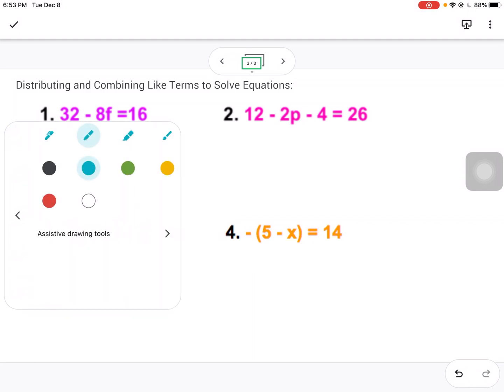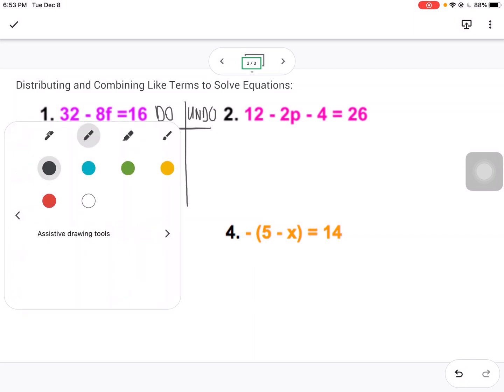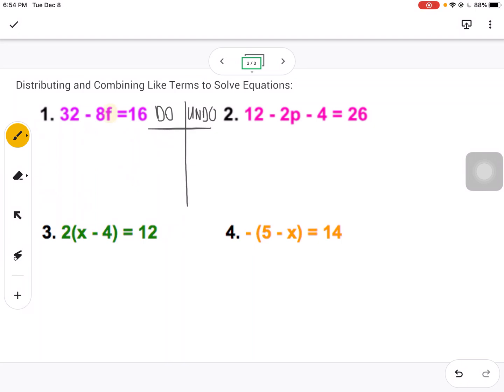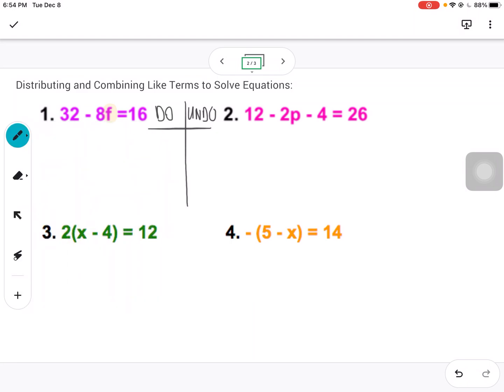So the first problem I'm going to solve, I'm going to set up a do and undo table like I would when we started this on Monday. So if I look for my variable, I see a letter here, F. So it looks like what's happening to the letter F is I'm multiplying it by -8. So I'm going to put times -8, and then I'm adding 32.